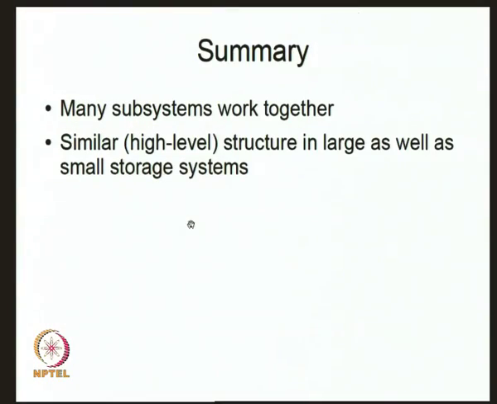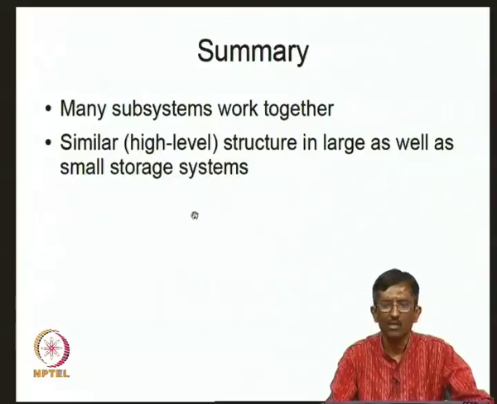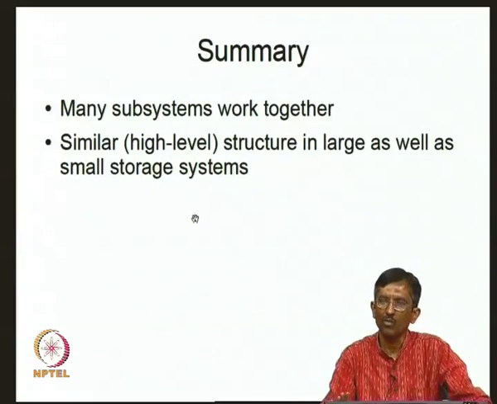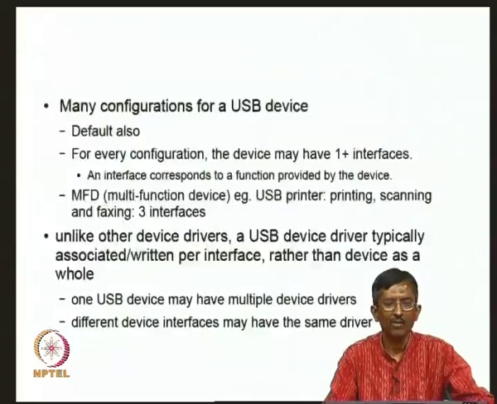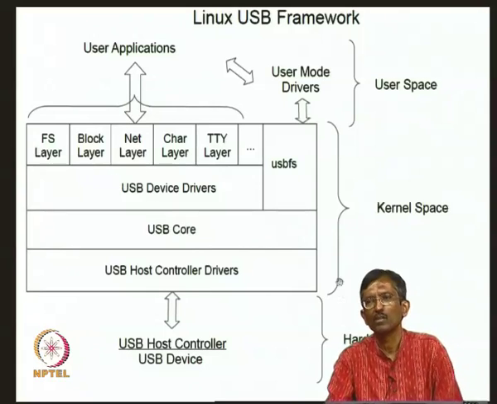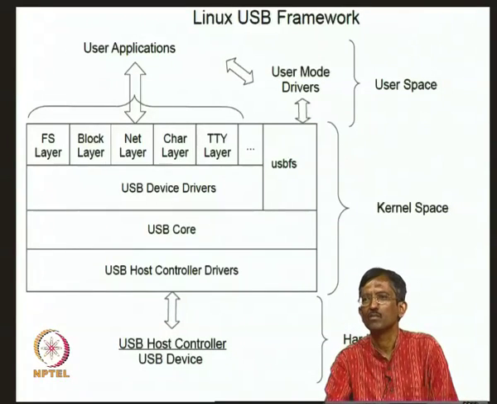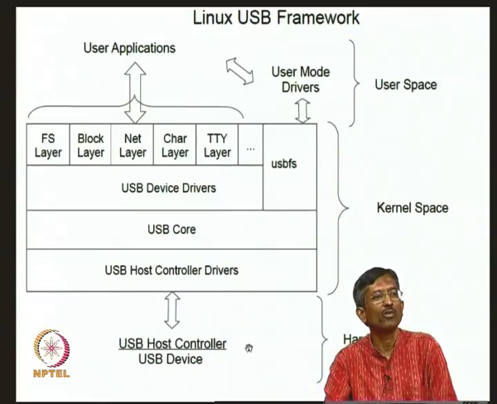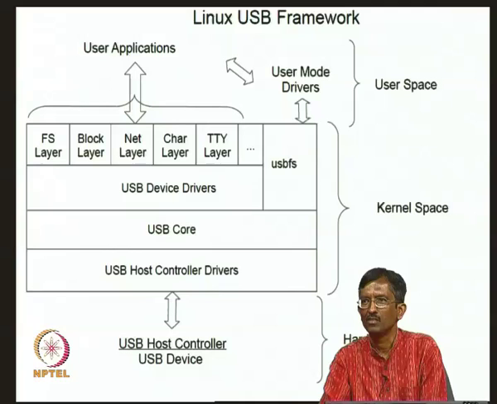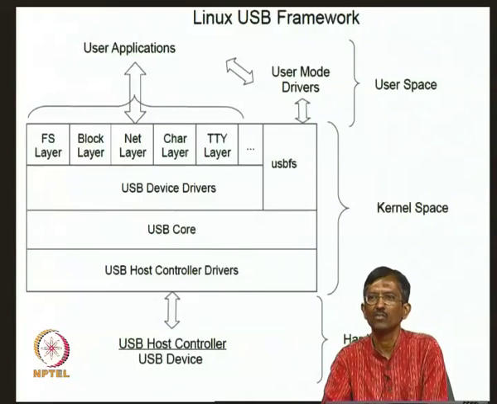Basically, many subsystems have to work together, and you will find that this kind of structure is there whether you look at small systems or big systems. For example, suppose you take a very big, massive storage system. First of all, I need to know where to write to, because I need to know that such a thing exists. Somebody has to tell me that this device exists.